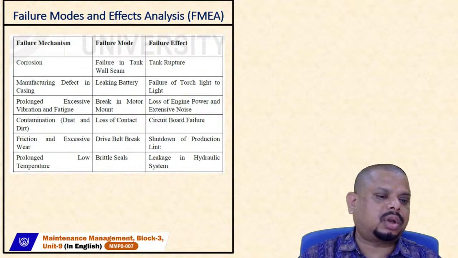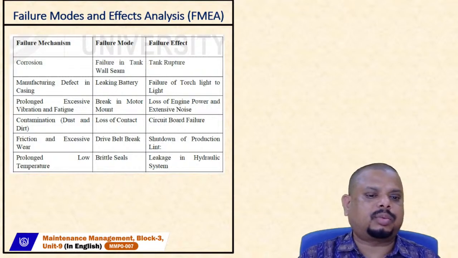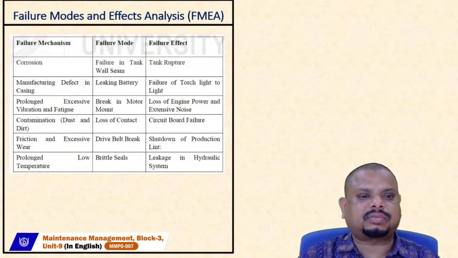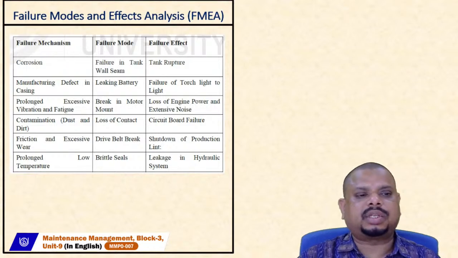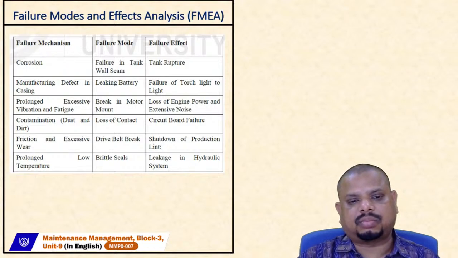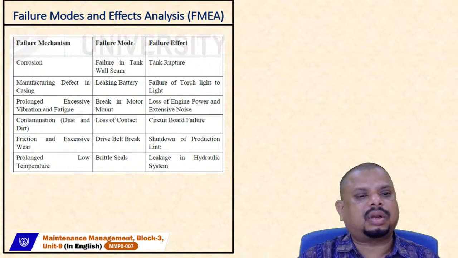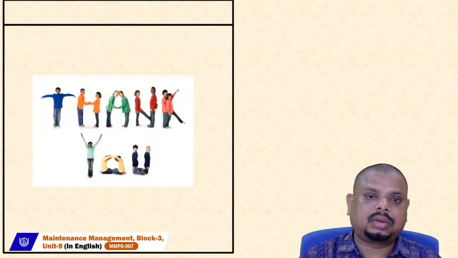The next is prolonged low temperatures. The failure mode is brittle seals, and the failure effect is leakage in hydraulic systems. So here I have given some examples of electrical and mechanical failures with reference to different failure modes, which are basically handled by the mechanical or electrical maintenance departments.